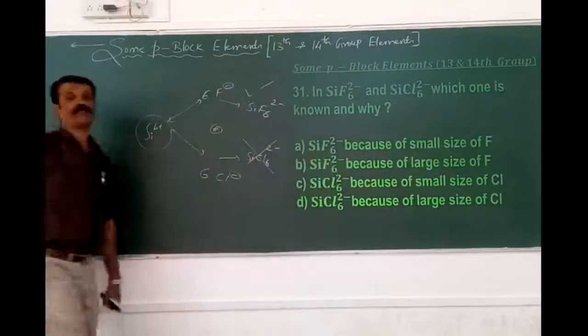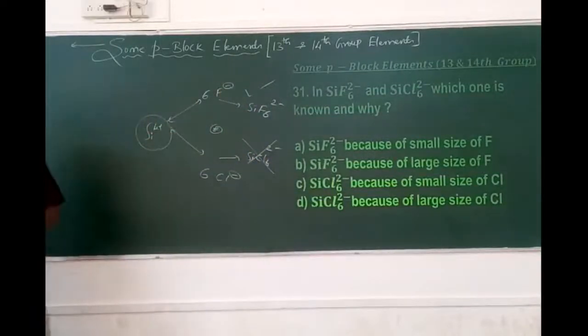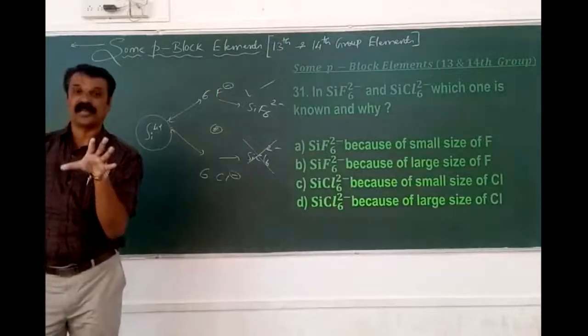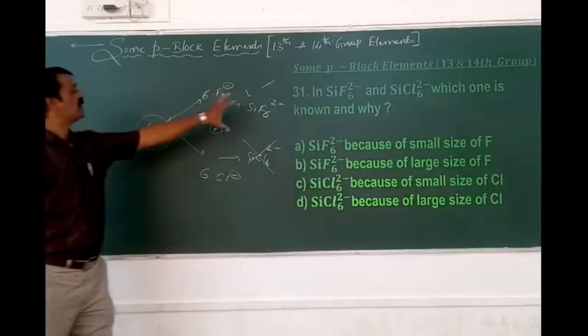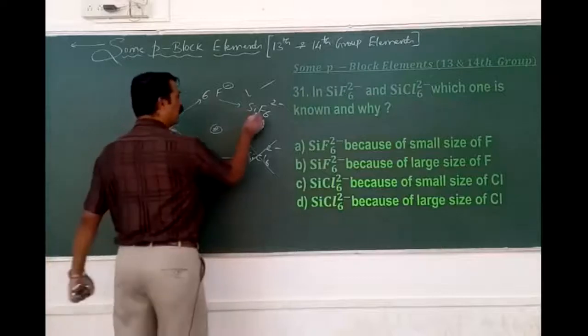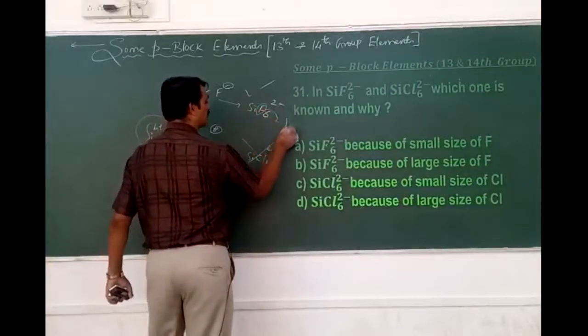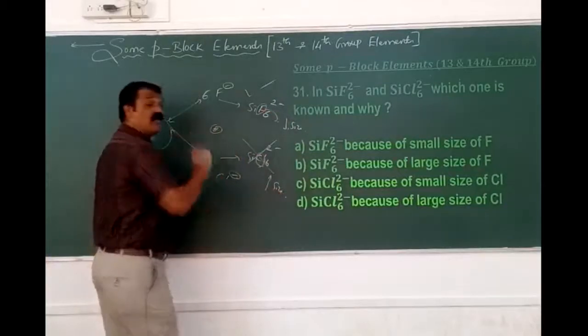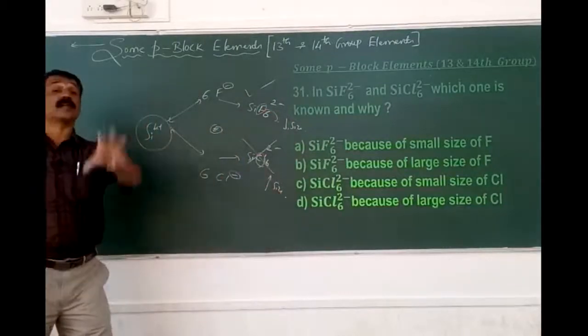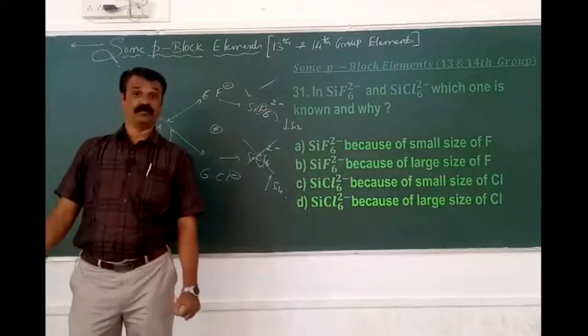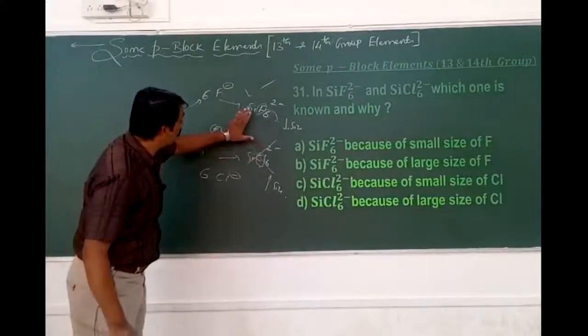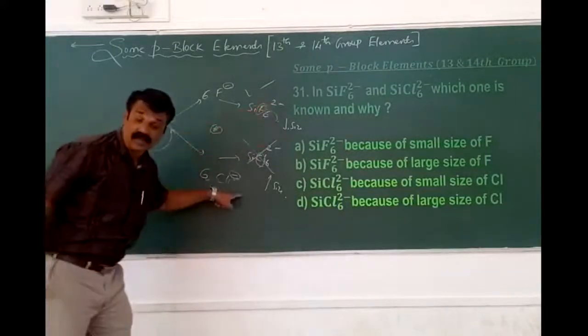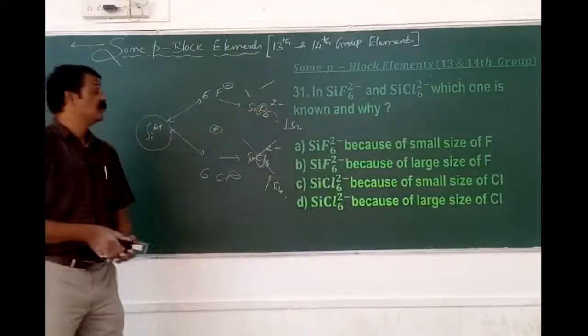Why? Because silicon is a smaller sized element, it is shared by 6 fluorine atoms, because fluorine is of smaller size. And chlorine is of larger size, meaning we can't accommodate the 6 chlorine atoms around the silicon 4 plus ion. That is why there is an existence of only SiF6 2 minus but not SiCl6 2 minus.